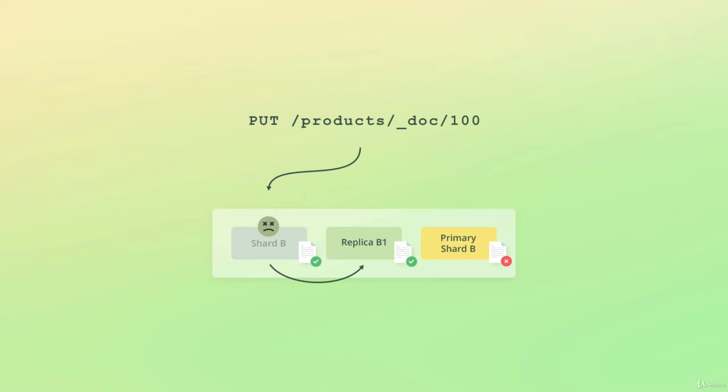The replica shard that didn't receive the index operation thinks it's up to date, but that's not the case. I'm sure you can imagine that things would get weird from here, because the new document would only be found half of the time, depending on which shard serves the request to retrieve the document.